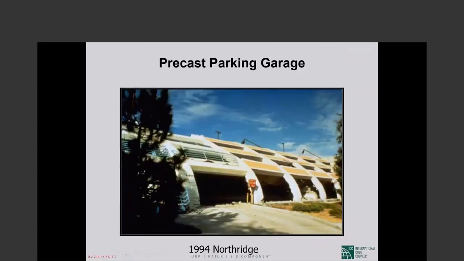The final slide. This was a parking structure at Cal State Northridge, California State University Northridge, after the '94 earthquake. This was a very interestingly constructed moment frame, but I won't go into that, time is short. This special moment frame was part of the seismic force resisting system.